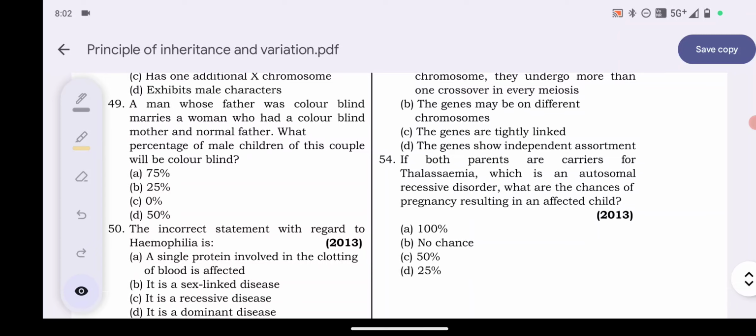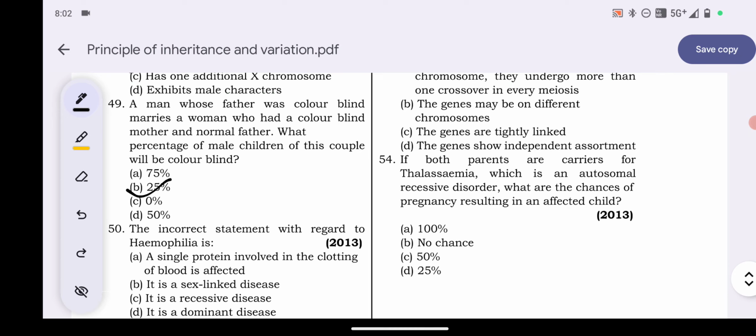Question number 49. A man whose father was colorblind marries a woman who had a colorblind mother and normal father. What percentage of male children of this couple will be colorblind? 75%, 25%, 0%, 50%. So here the answer will be option B, 25%.